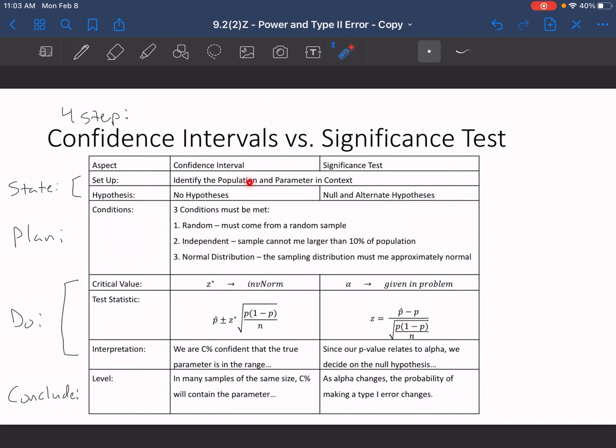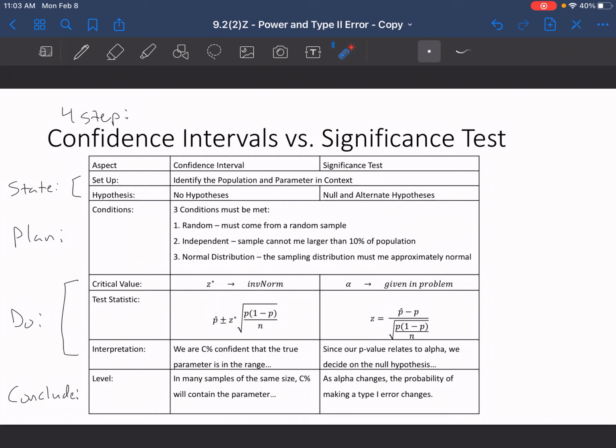You first want to identify the population and parameter in context of the problem, basically just stating what specifically we're looking at. When we're looking at confidence intervals, we don't have to come up with a hypothesis, but when we're looking at significance tests, we want to make sure that we state the null and alternate hypotheses in the state portion.